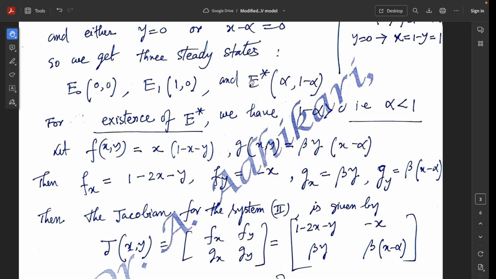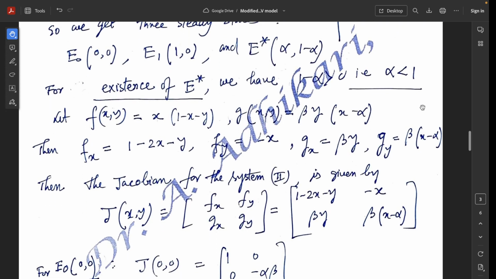Now clearly, for feasibility, existence of E star, 1 minus alpha must be greater than 0, that is alpha is less than 1, because alpha is a positive parameter. This is a biological model, so obviously 1 minus alpha greater than 0, we find alpha is less than 1 for existence of this E star point.